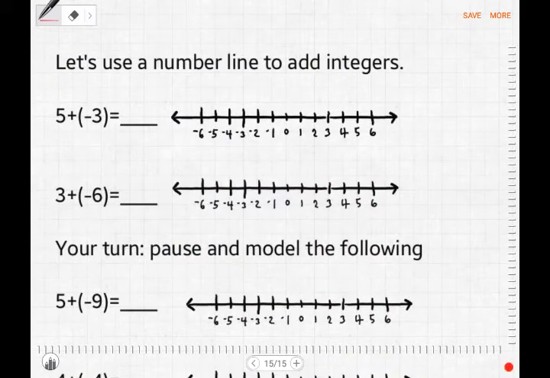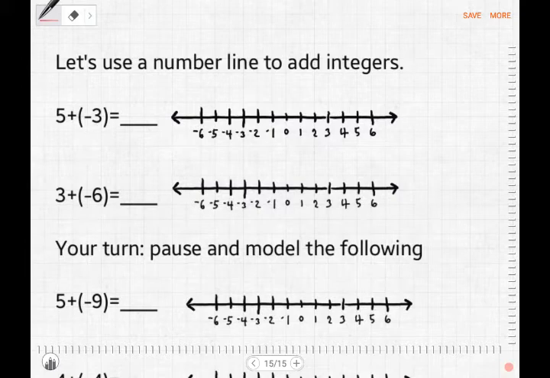Okay, hopefully you're all back. I've got a couple of problems now that I'm going to do with you. We're going to be adding integers. And we're going to do this by starting with a positive number on the number line and then adding a negative number. Okay, we'll do more in other lessons, but for right now we're going to start with that. So let's look at this first problem. 5 plus -3.